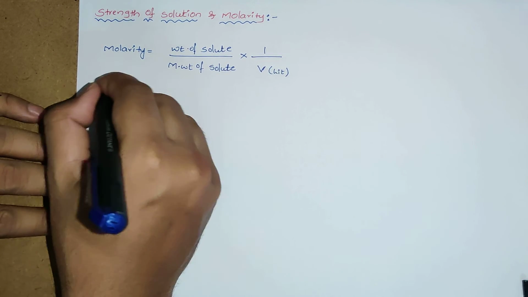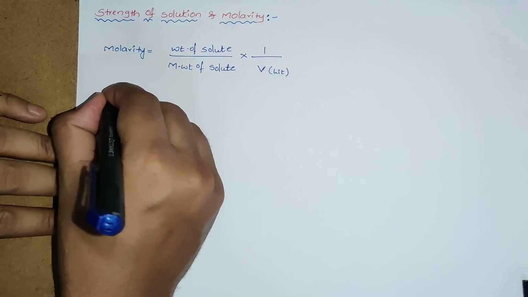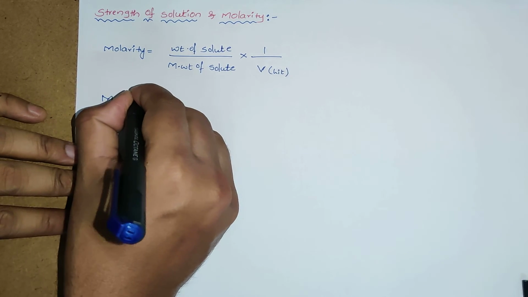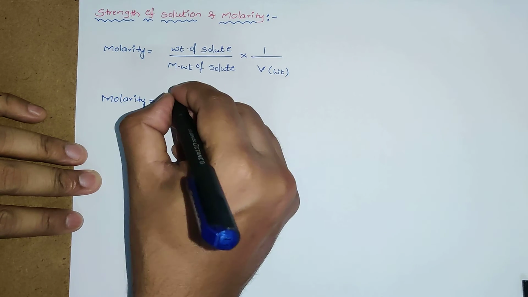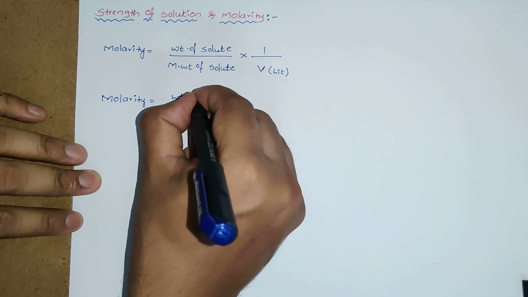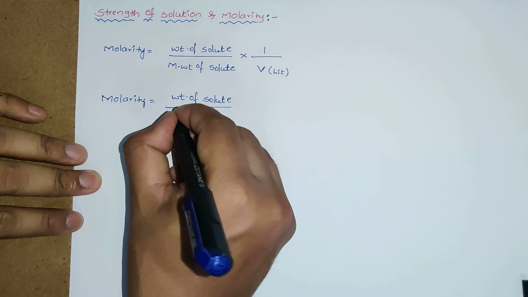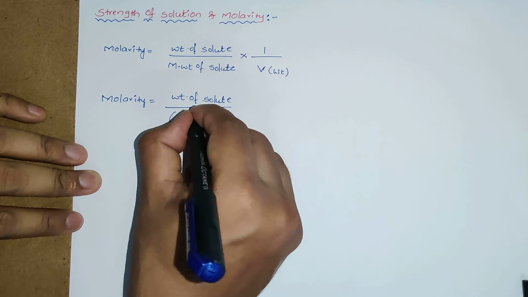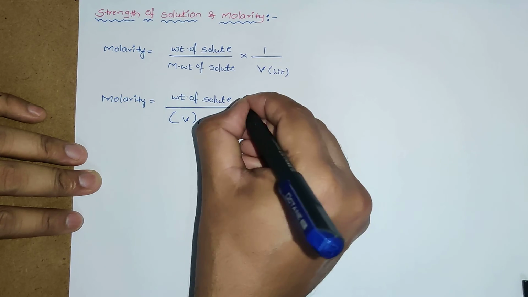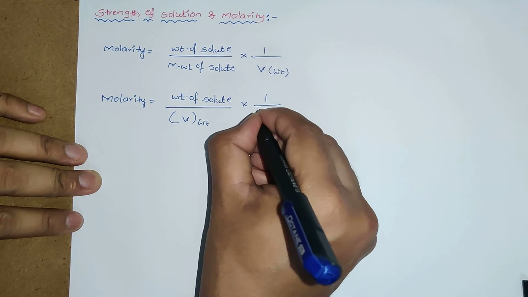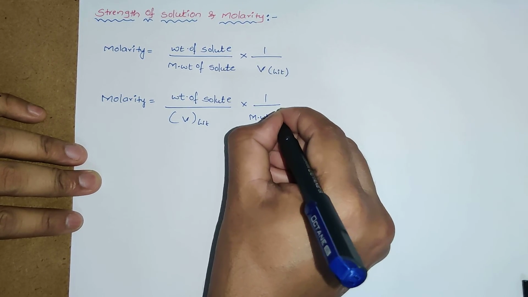Then just rearranging this equation, molarity is equal to weight of solute divided by volume of solution in liters into 1 by molecular weight of solute.